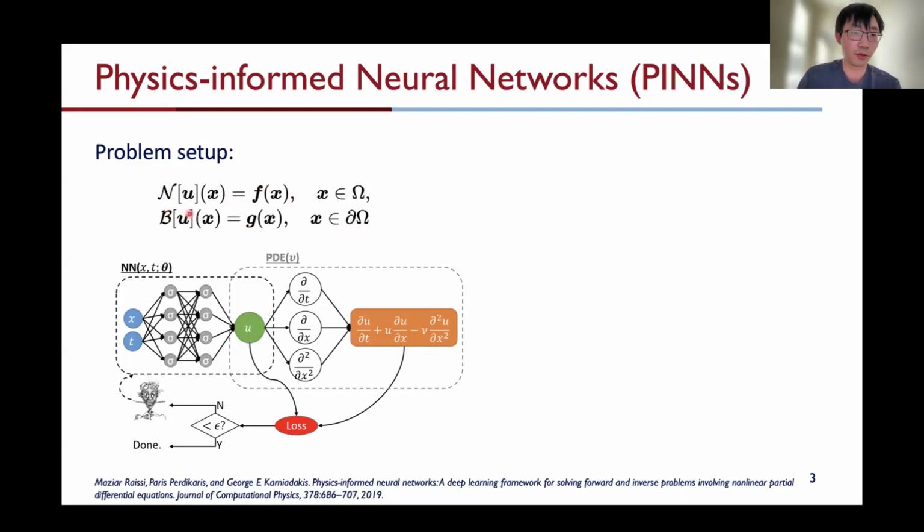Then we simply represent the solution u by a neural network, which takes the coordinates x and t as inputs and outputs the predictions corresponding to those query points. If you use a smooth activation function, then such a neural representation is smooth. Then we can compute these derivatives using automatic differentiation, AD, instead of numerical differentiation.